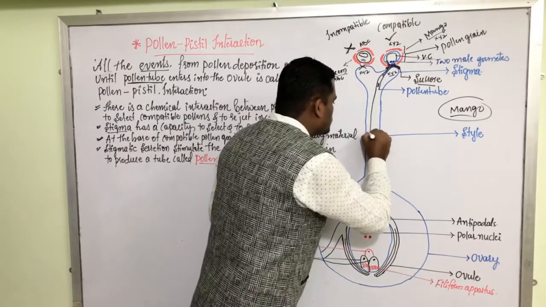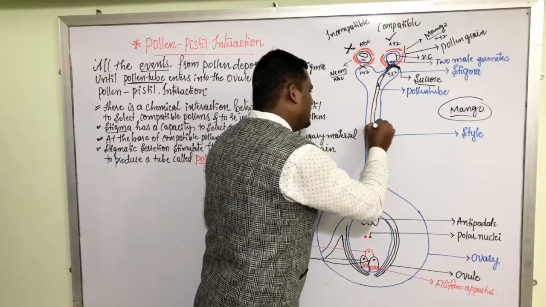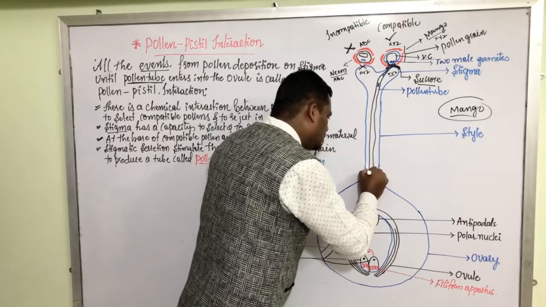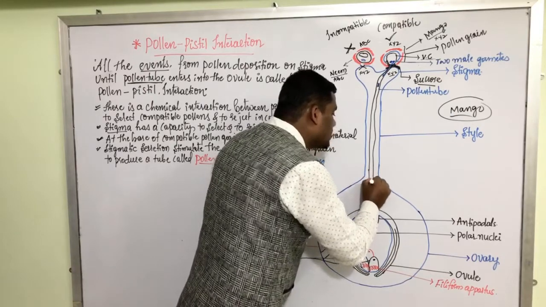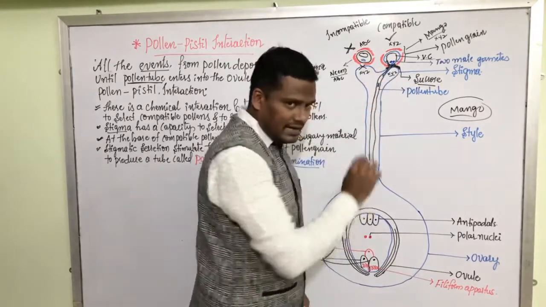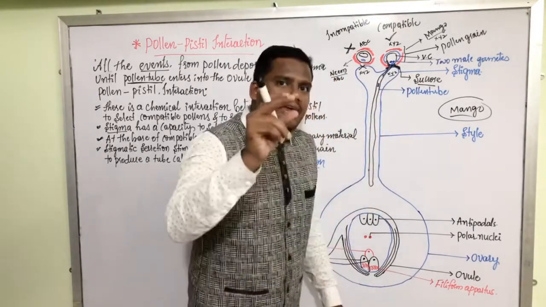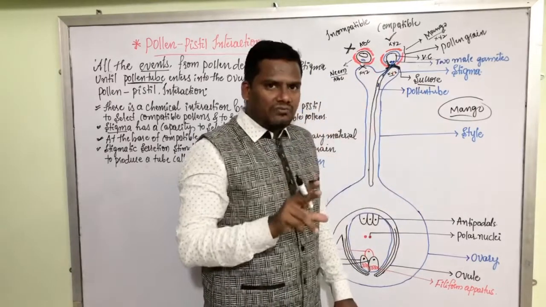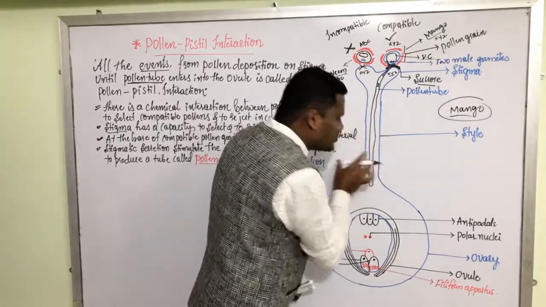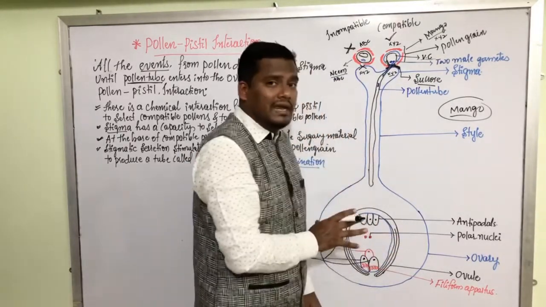Now the pollen tube is growing through the style. First it entered the stigmatic surface. Now it is growing through the stylar region towards the ovary.